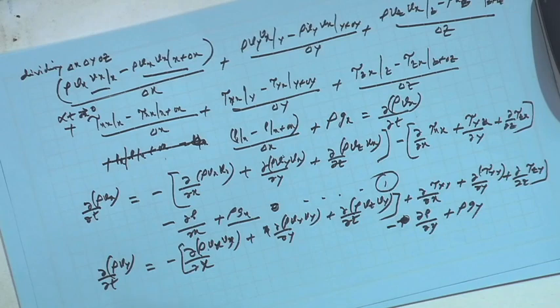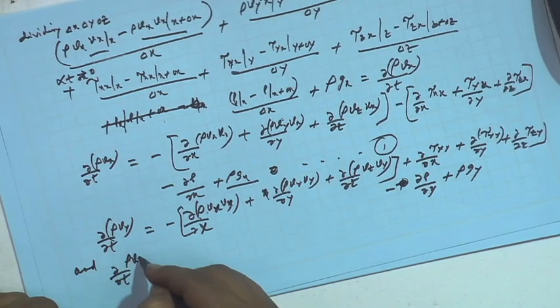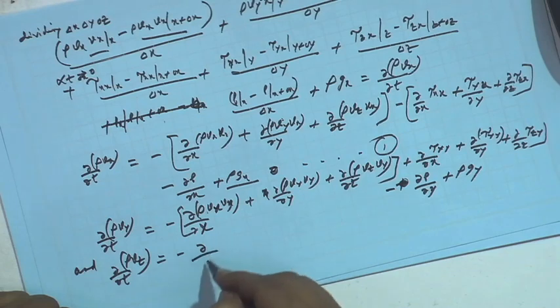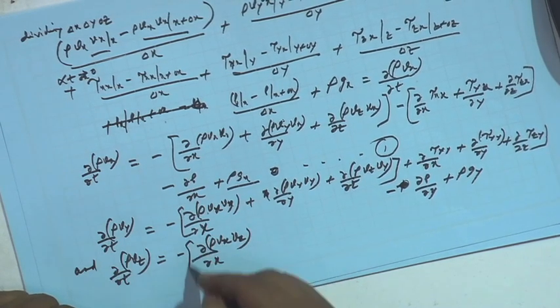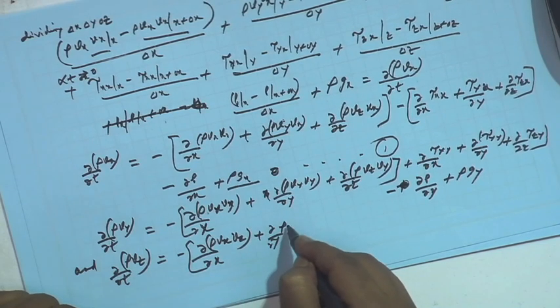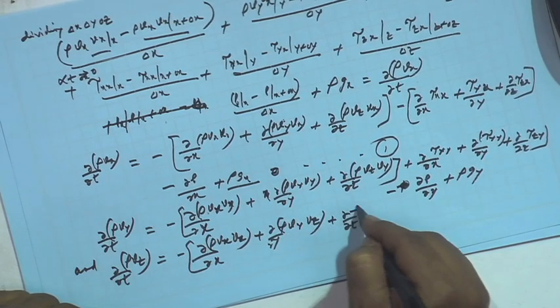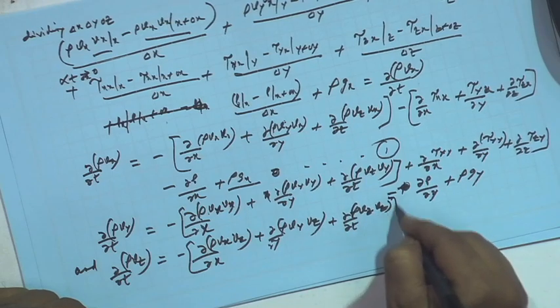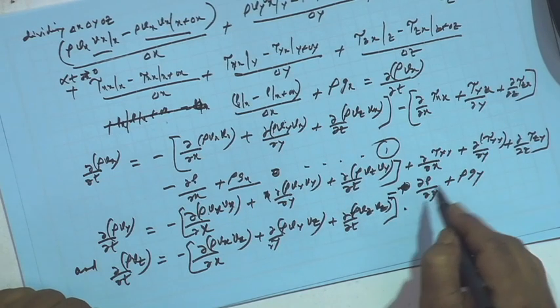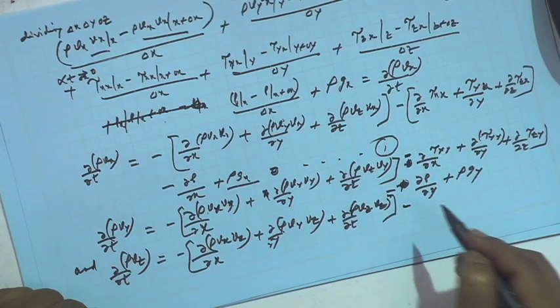And in the same way we can write the z one. ∂/∂t of ρv_z equals minus ∂/∂x of ρv_x v_z plus ∂/∂y of ρv_y v_z plus ∂/∂z of ρv_z v_z, right. Here it should have been minus, here also it is minus, right.